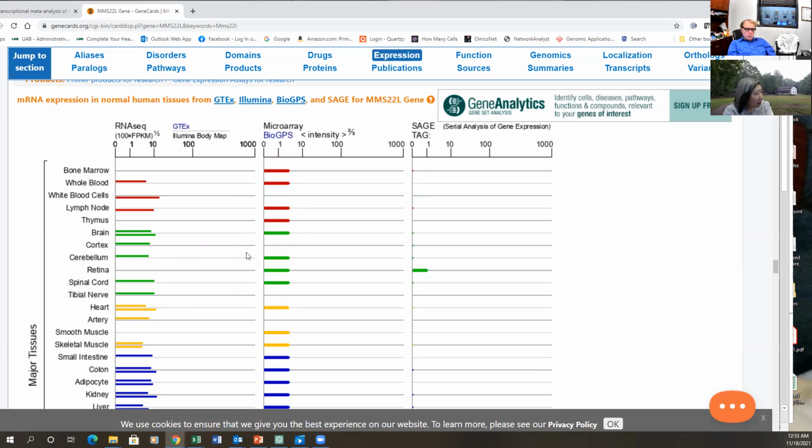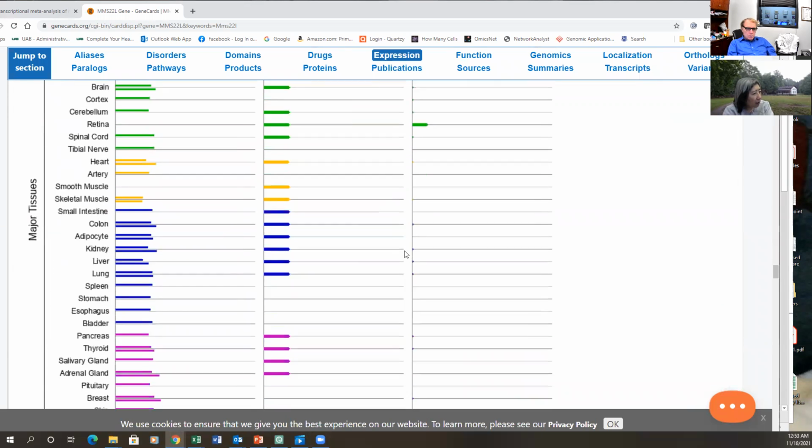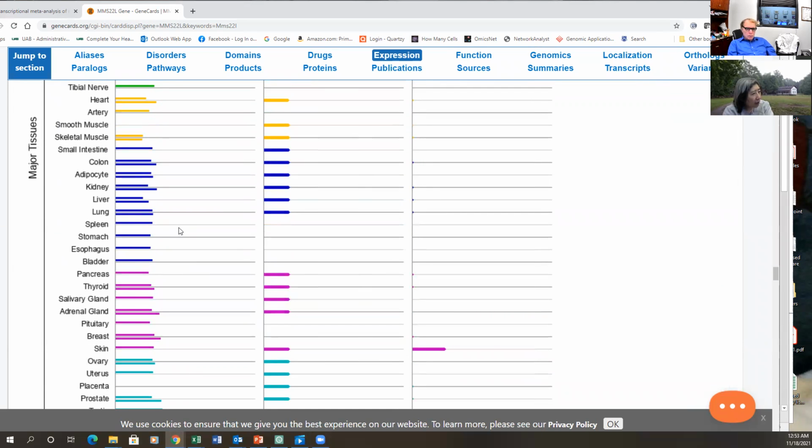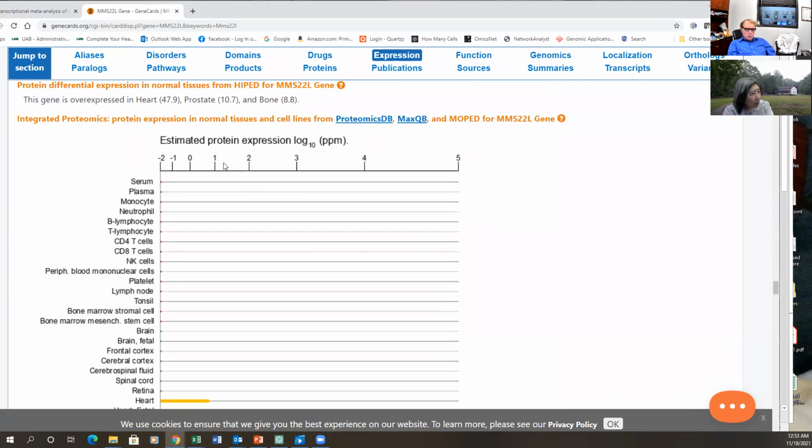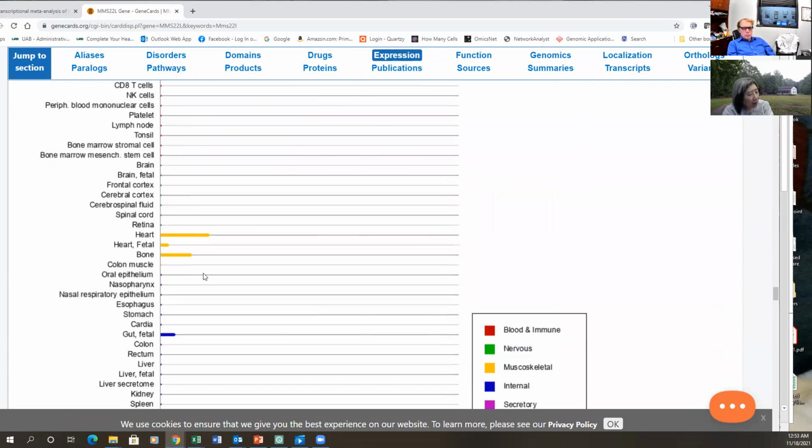Unfortunately, I don't see the spleen. Oh, here is spleen. So there's some expression. But then this is the protein expression, and you don't see B cell or other major immune cells. I don't know why. Is it because it's not done or very low? But anyway, it's very low.